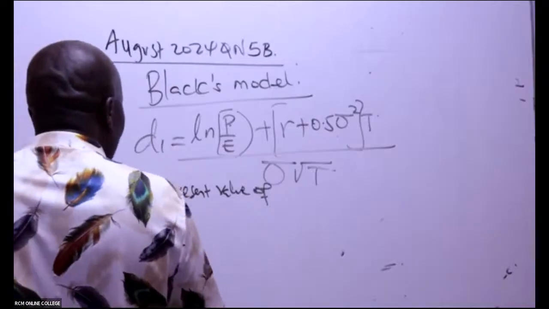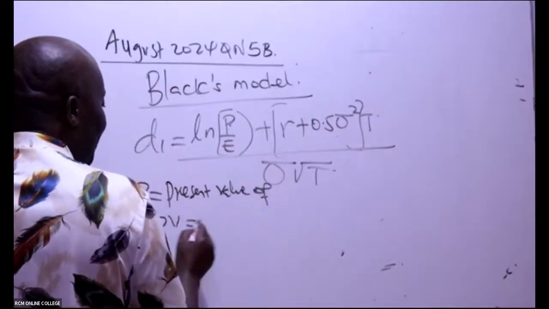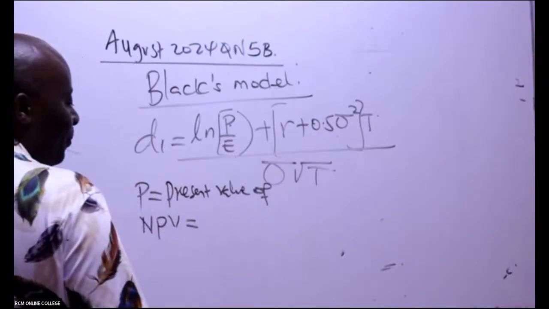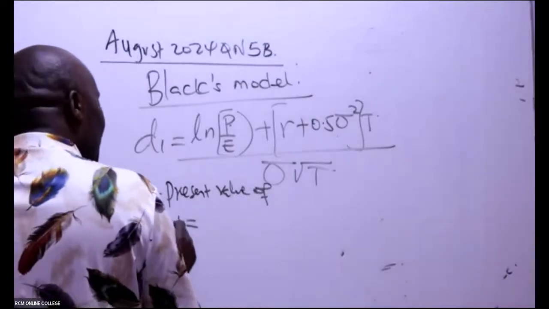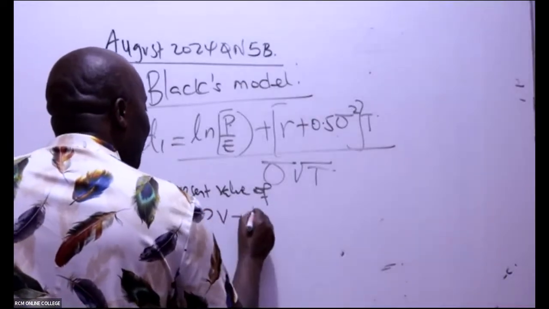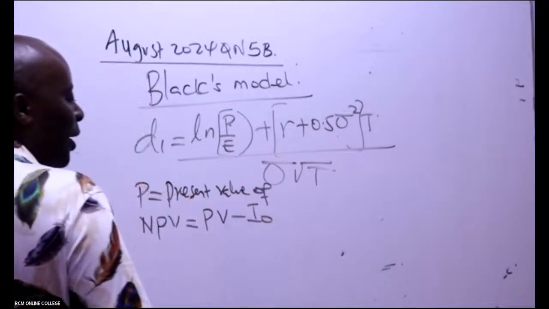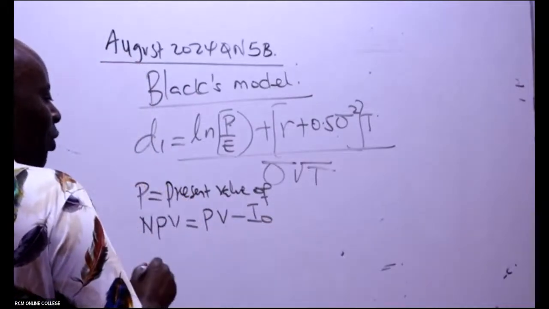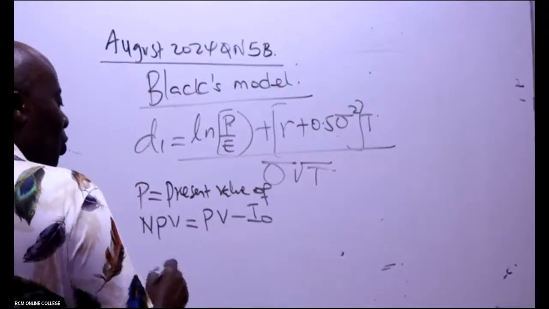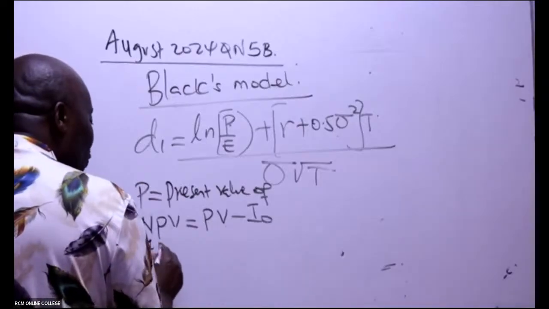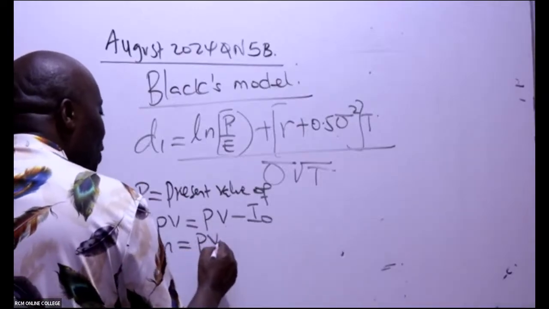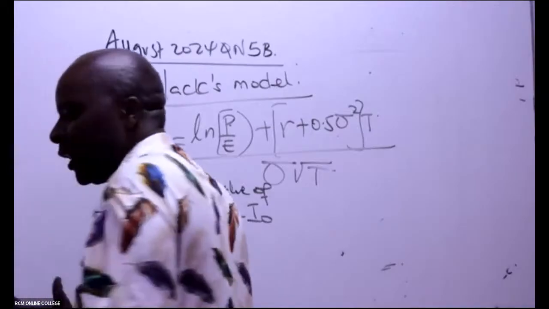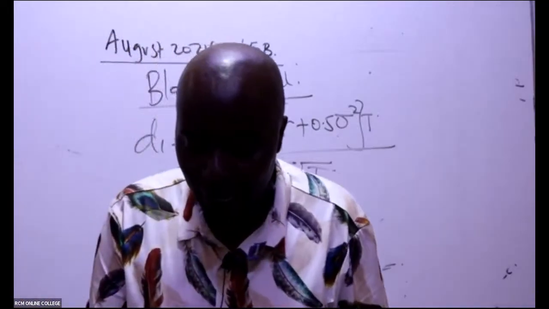And you can see, ladies and gentlemen, this examiner gave us net present value. Anytime they want us to give them net present value, we normally take the present value minus initial outlay. So NPV has been given as 4 million. Present value is what we want. Do we have the initial outlay here in this question?